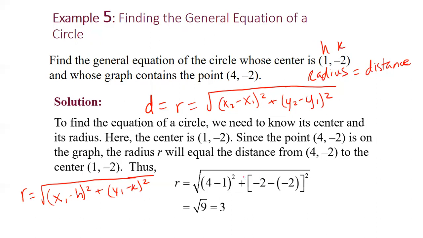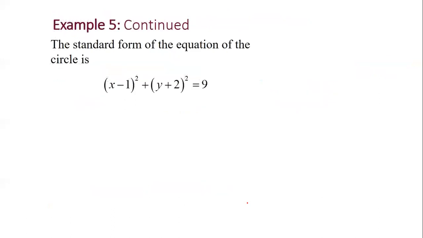Okay, so notice how I plug in my x2, x1, my y2, y1, and I proceed to subtract, and I end up with the square root of 9, which equals 3. So I know that r equals 3. So now I have my h, my k, and my r, and here's my standard form of the equation.